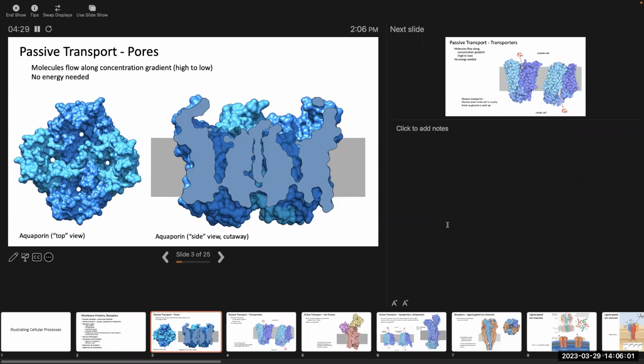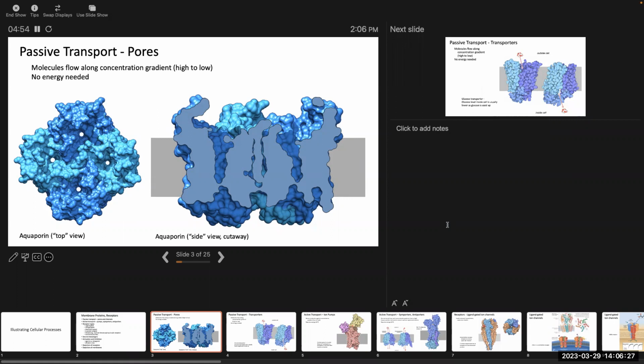However, the cell membrane represents an impermeable barrier to many kinds of molecules, especially any kind of molecule that has a charge, like an ion. Any kind of molecule that's polar, like water, can't cross the cell membrane because the lipid tails, the lipid part of that cell membrane is hydrophobic, and it doesn't allow anything charged or anything polar to cross the membrane.